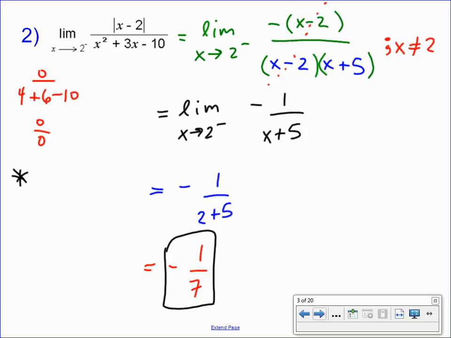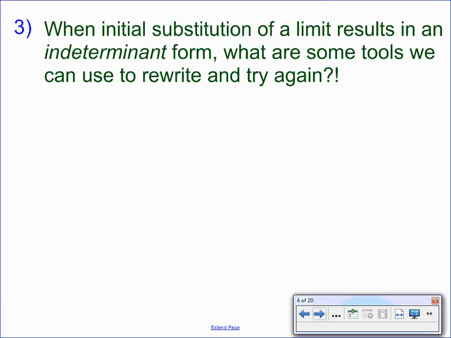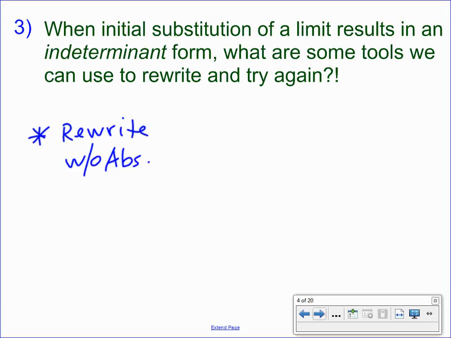So we already employed some techniques. Anna told us about rewriting without the absolute value bars. We also did factoring.